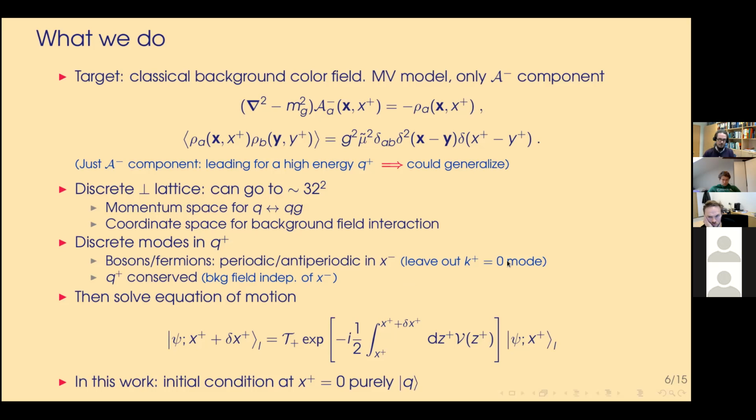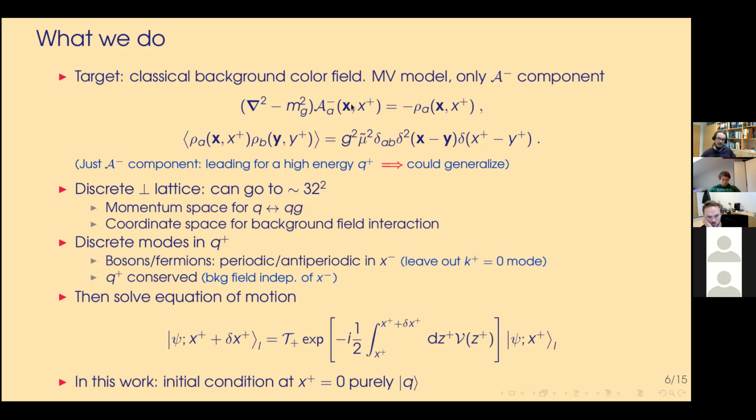We leave out the zero mode, which we would not know what to do with. The zero mode is one of the trickier things in light cone perturbation theory, with a lot of sicknesses hidden there. So we just leave it out. It's a discrete calculation, so we can decide what modes our system has and what modes it doesn't have, and we can just leave it out.